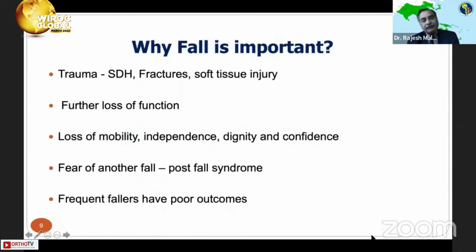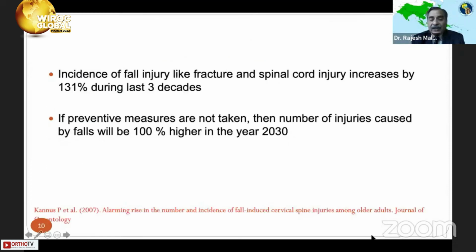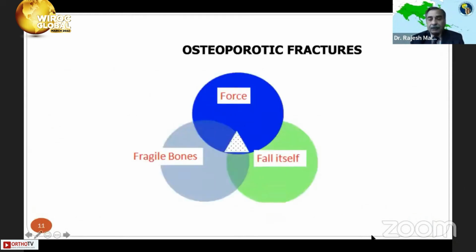Why is fall important? Because it can lead to subdural hematoma, fracture, soft tissue injury, loss of function, mobility, independence, dignity, and confidence. And of course, there is a fear of another fall. And those who fall frequently have poorer outcomes. The worrying aspect is that the rate of fall associated with serious injuries is on the rise and may be 100% higher by 2030.